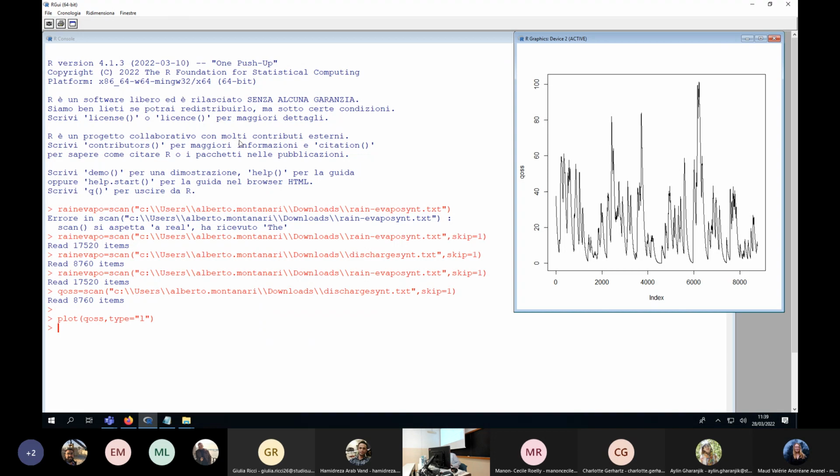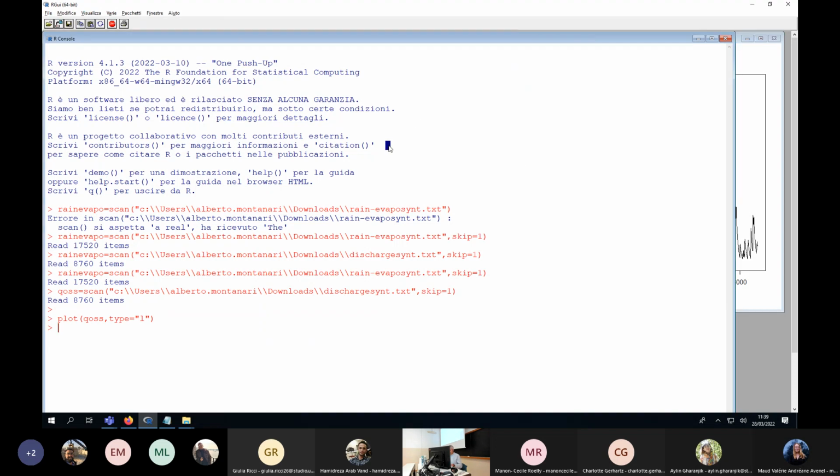I think it is fine, okay? This is just a check. I can close the graphic window either by clicking on the cross here, or I can just type dev.off, and then it closes the graphic window. This is just an instruction that I give to you in order to increase your knowledge and your background.